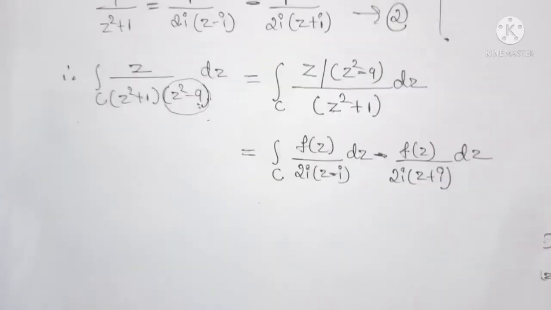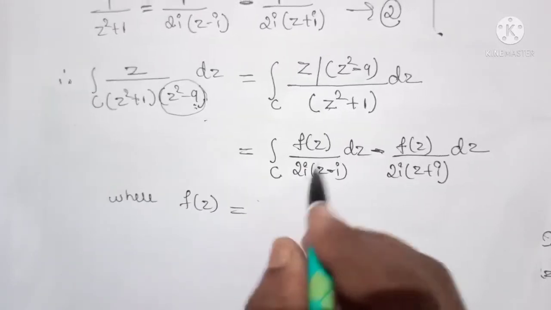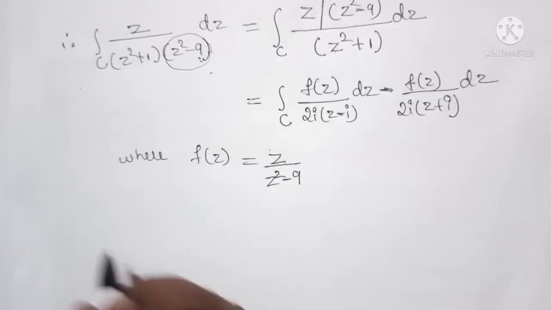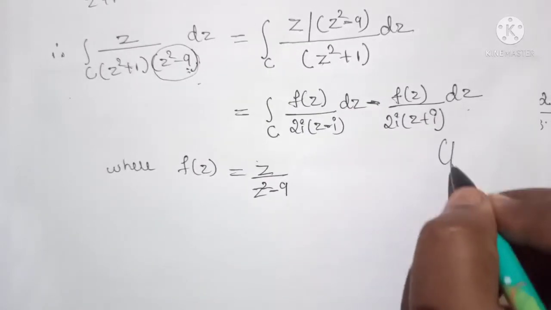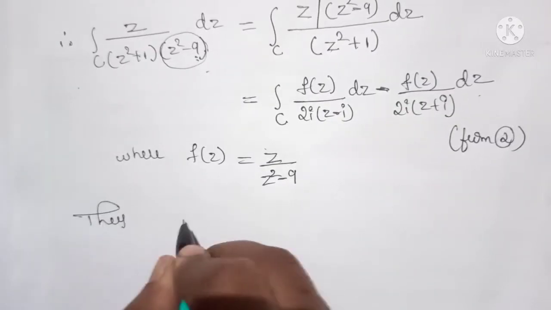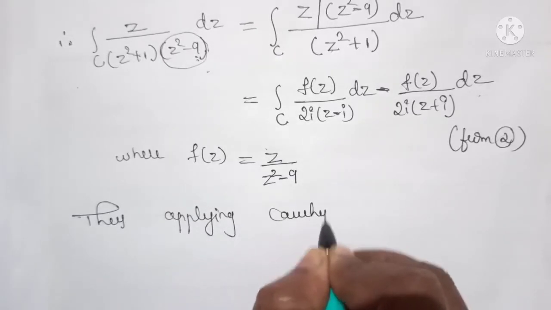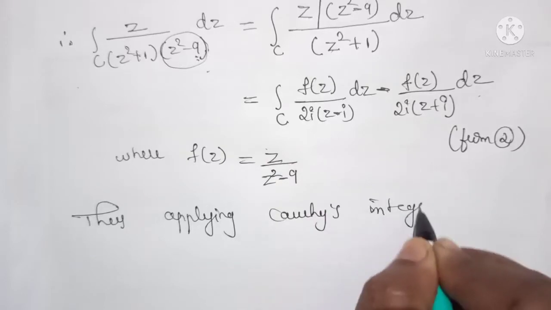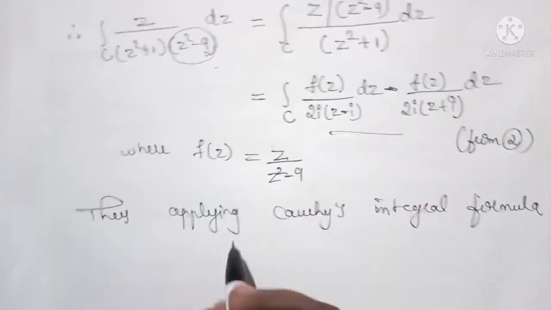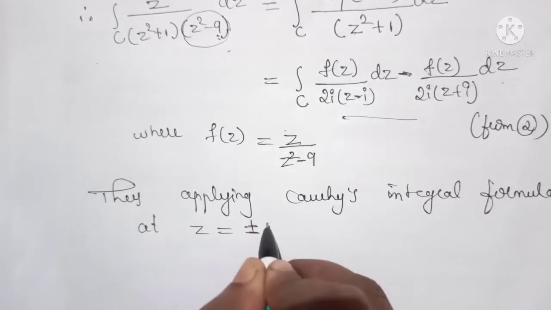So here f of z is equal to z divided by z square minus 9, from equation 2. Thus applying Cauchy's integral formula for this one at z equals plus or minus i.